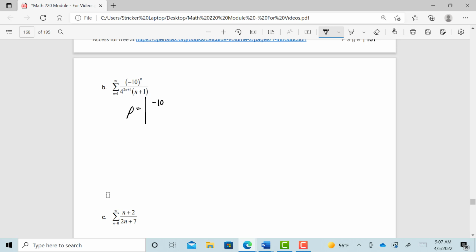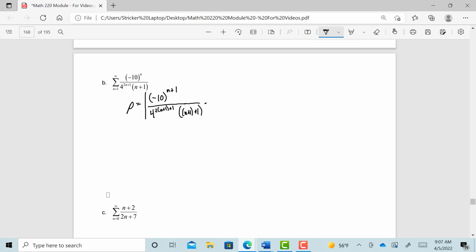We have negative 10 to the n plus 1 over 4 to the 2 times n plus 1 plus 1 times n plus 1 plus 1. So notice everywhere where we had an n, I plugged in n plus 1. Then we have times the reciprocal of the original. So we have 4 to the 2n plus 1 times n plus 1 over negative 10 to the n.